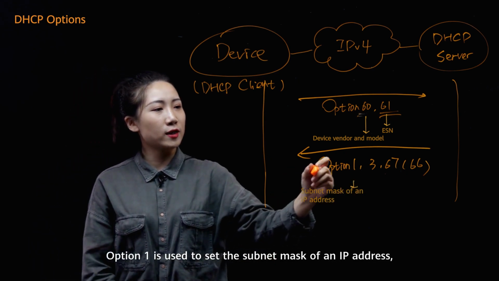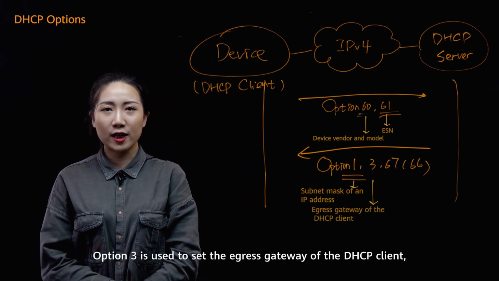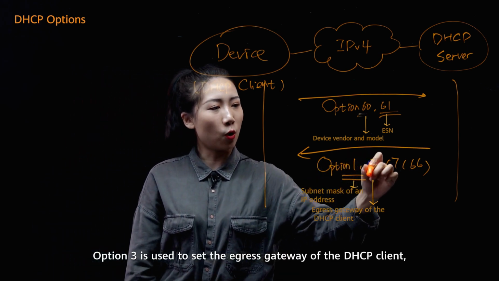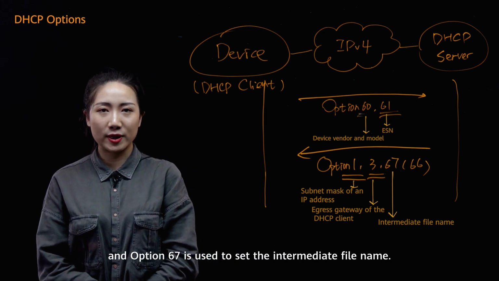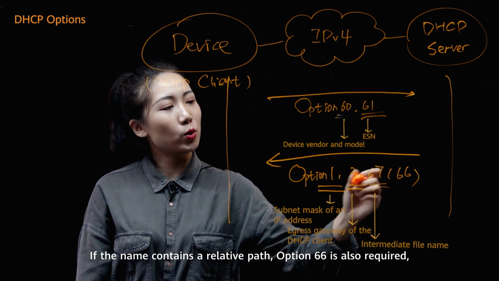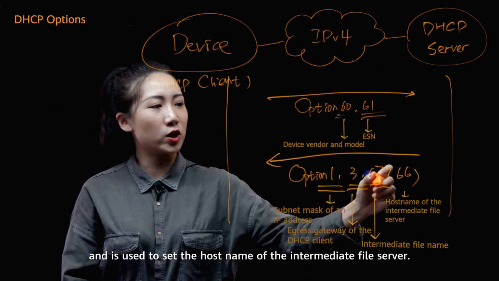Option 1 is used to set the subnet mask of an IP address. Option 3 is used to set the egress gateway of the DHCP client. And option 67 is used to set the intermediate file name. If the name contains a relative path, option 66 is also required and is used to set the hostname of the intermediate file server.